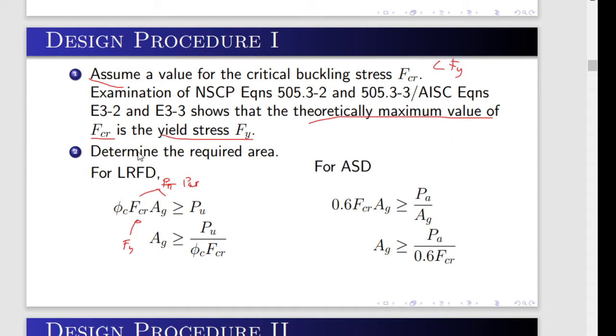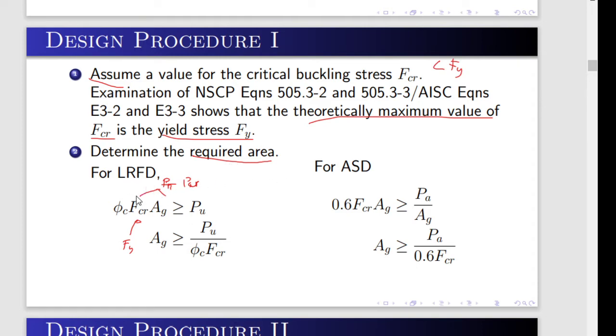Then the required area is found in the table of specifications, since the shape is not in the column load tables. Later we'll try to answer an example.